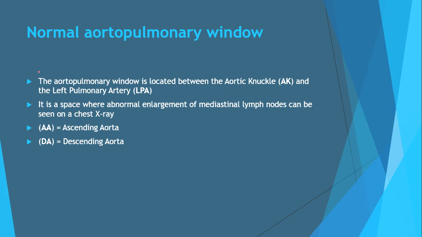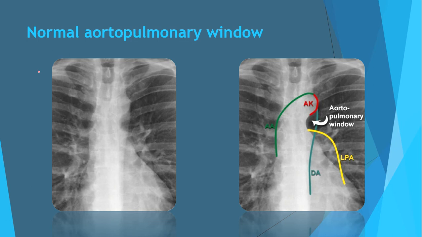It is a space where abnormal enlargement of mediastinal lymph nodes can be seen on a chest X-ray. Here we see ascending aorta, aortic knuckle, aortopulmonary window, and descending aorta, and this is left pulmonary artery.